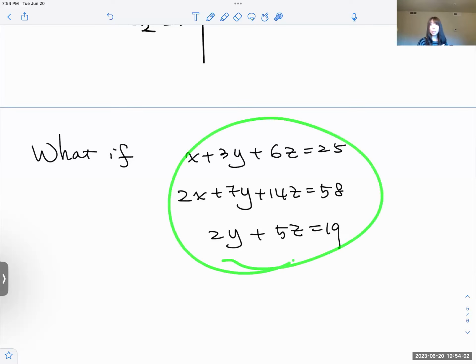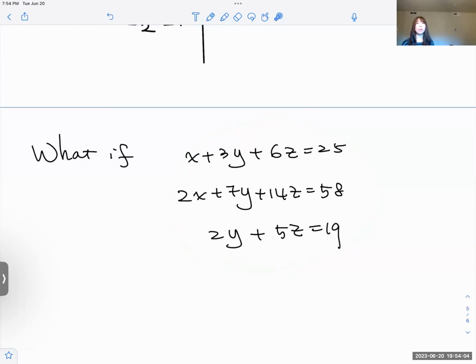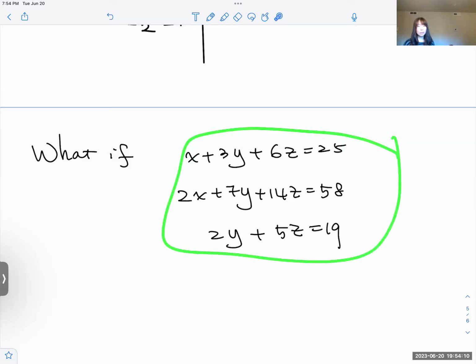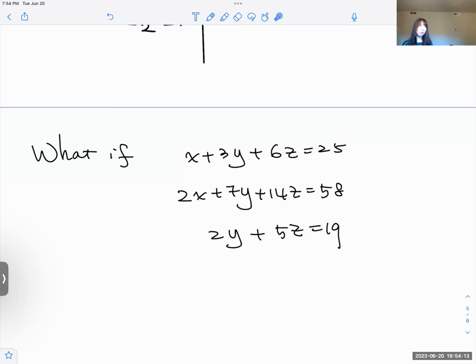Still, we can use the algebra course technique, right? Like earlier, so we could find the solution x, y, z.